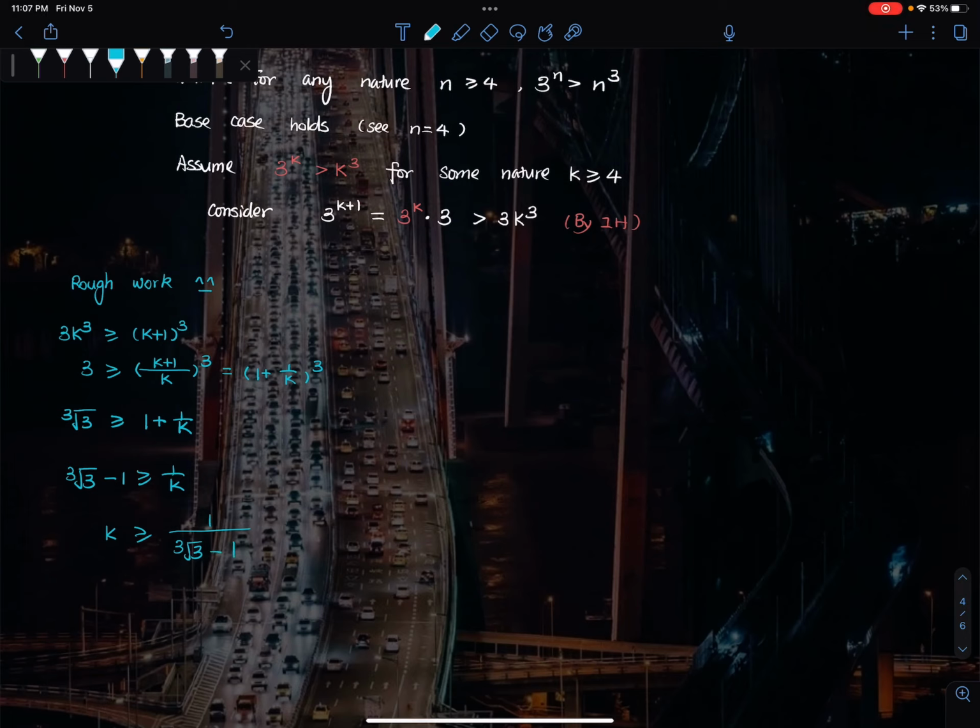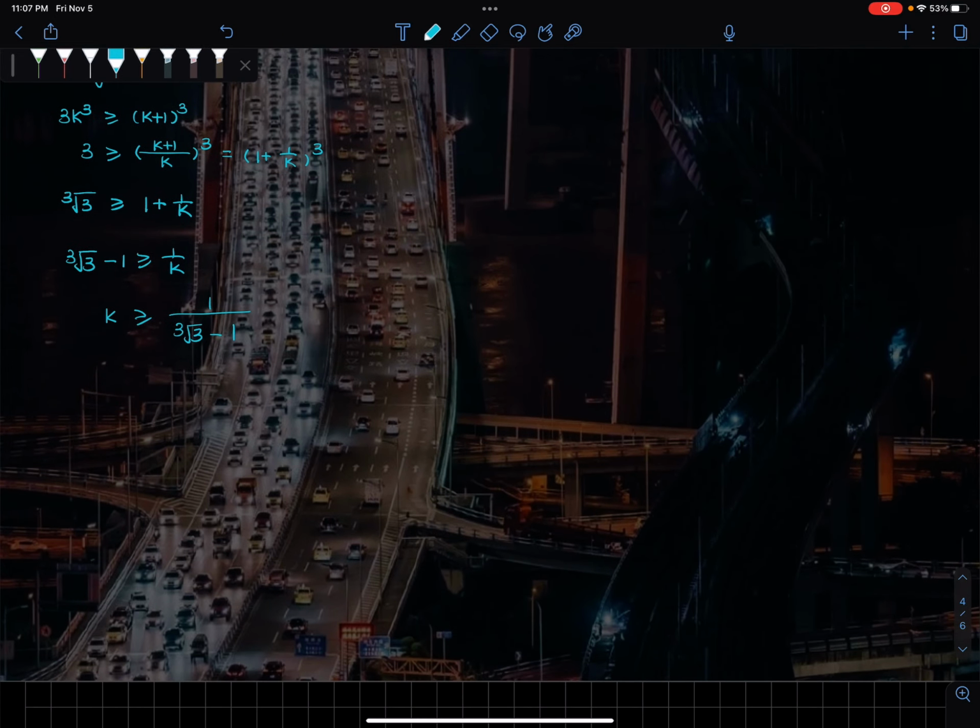Now you need to think, is this right? What's the cube root of 3? I actually don't know. 1 cubed is 1, 2 cubed is much larger than 3, so it's between 1 and 2. Let's try 1.5. So 1.5 is 3 over 2.